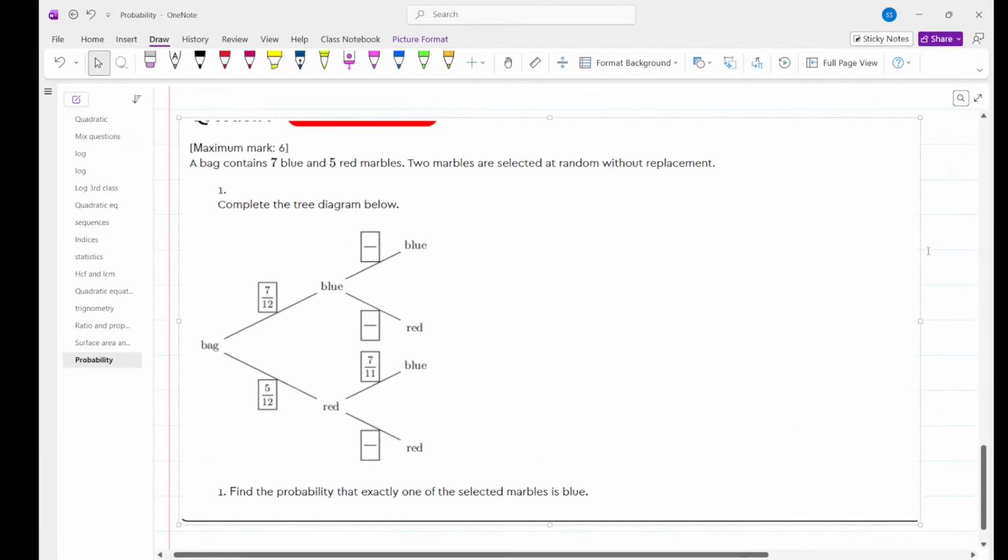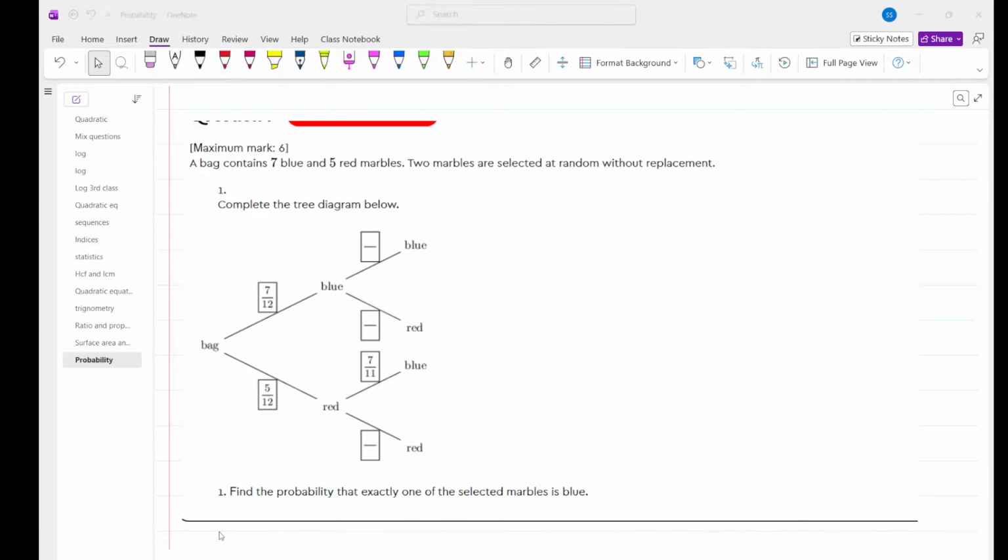Two marbles are selected at random without replacement. A bag contains seven blue and five red. Complete the tree diagram below.